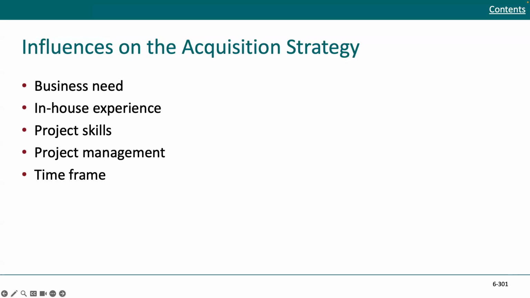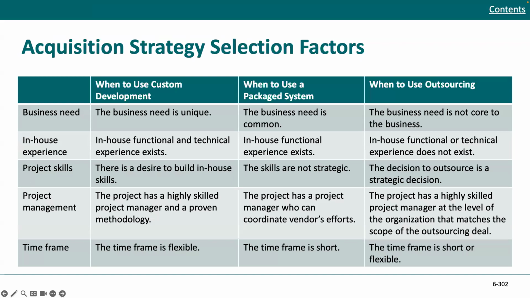So what are the influences on the acquisition strategy? You want to be thinking of the business need, the in-house experience, the project skills, project management, and time frame. All of those are going to be part of the acquisition strategy. Okay, so here is a table that shows the acquisition strategy selection factors.